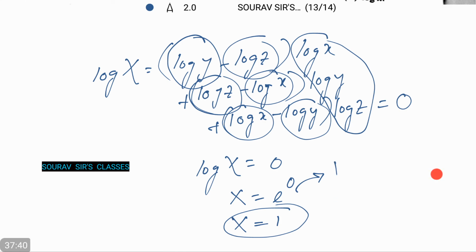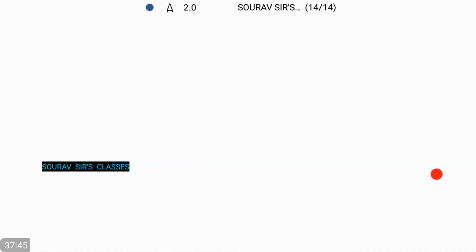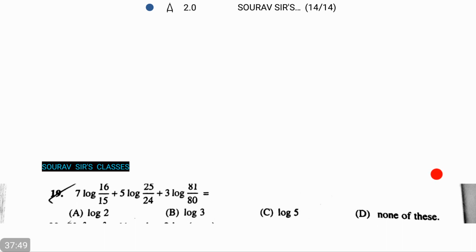Right, moving on, the last sum for today is 7 log 16 by 15 plus 5 log 25 by 24 plus 3 log 81 by 80. So we just write this down as powers and let's see what happens.